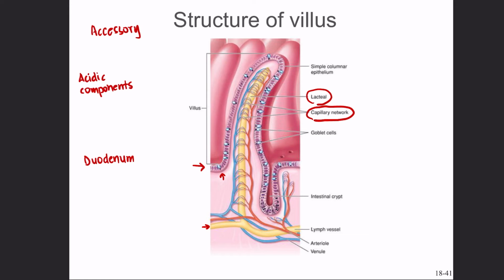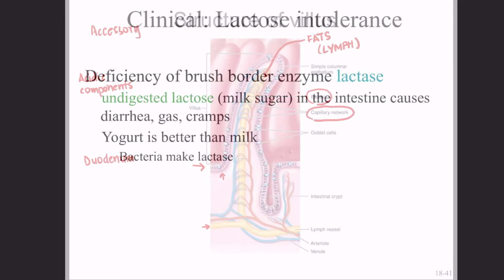And this is shown because fats are not small enough to travel within our capillary network. And so fats actually travel within lymph.